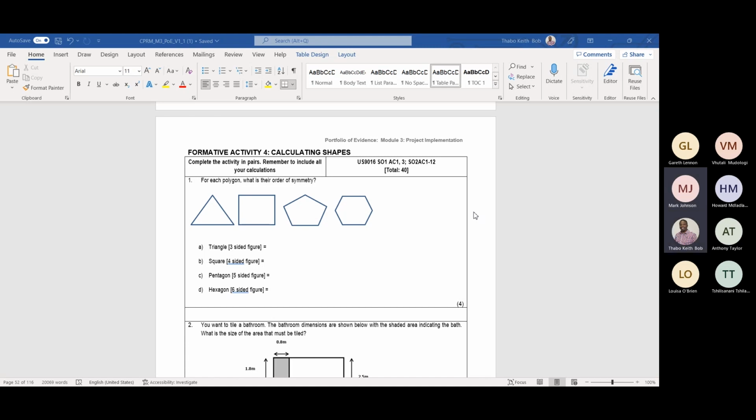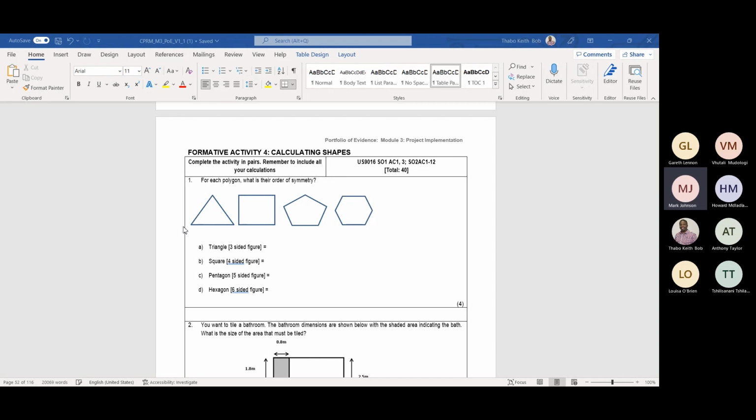So the way I answered the question, you can just tell me if you agree, and we can move on. I said, if the question refers only to tiling the area surrounding the bath, then the total bathroom area minus the bath area itself. And obviously the area of a rectangle is length times breadth.